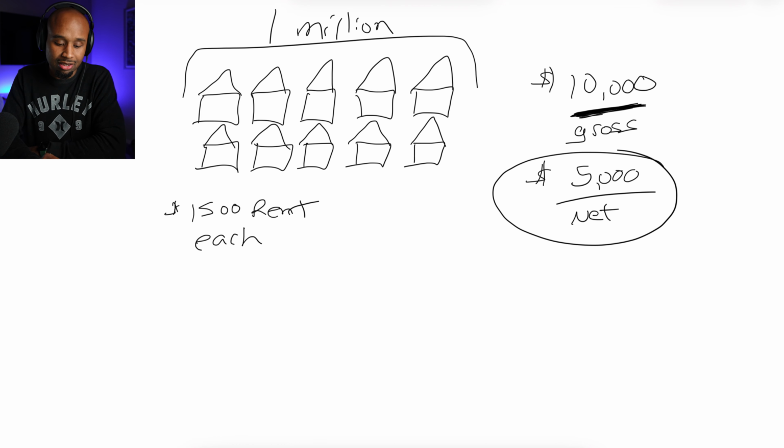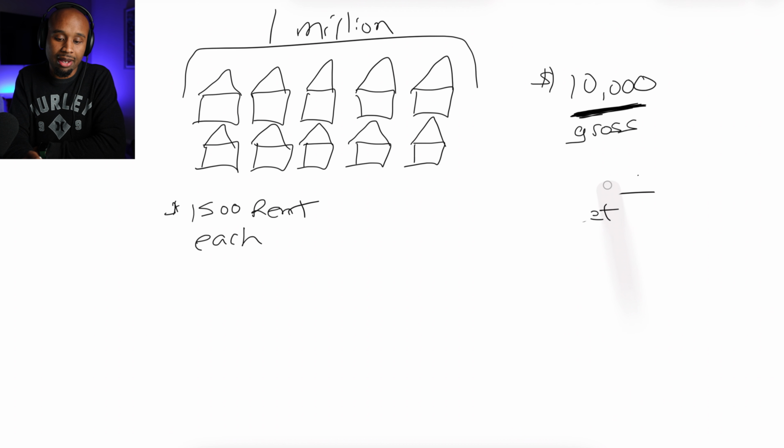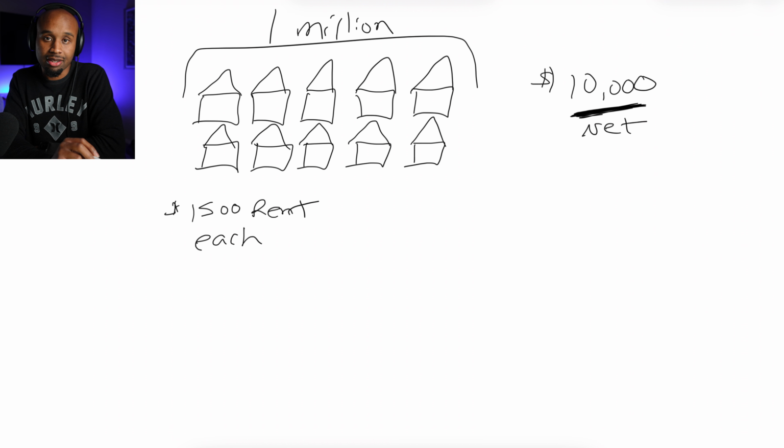So let's just assume that he is making about $10,000 net, because all of his houses were paid off. You know what I'm saying? He didn't have any mortgages or anything like that. So he probably was getting $10,000. He probably wasn't lying. This older guy, like I said, he was 82 years old.